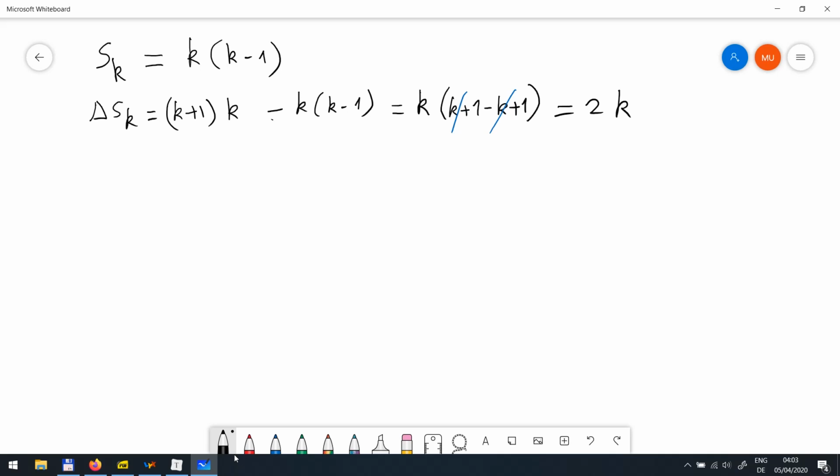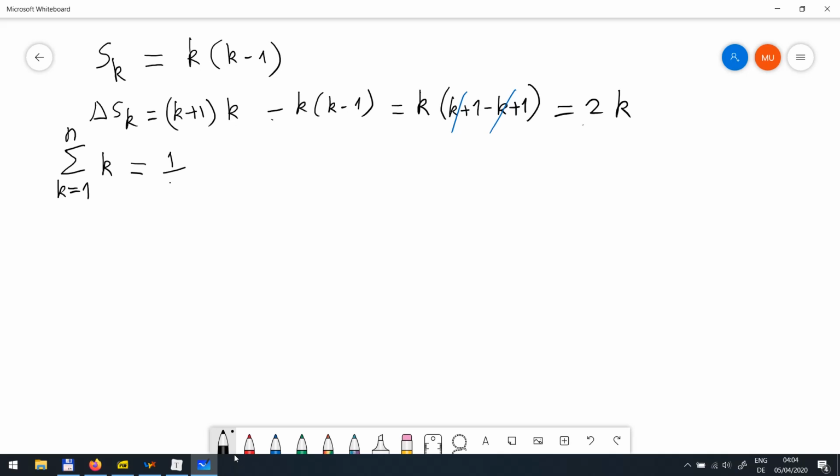Now this should give us a hint that we can attack summations of this form. If I need a sum of integers from 1 to n, again you will know the answer, but this is the second example, and this will lead to the next example, which will be complicated. So this 2 is needed to make a match.